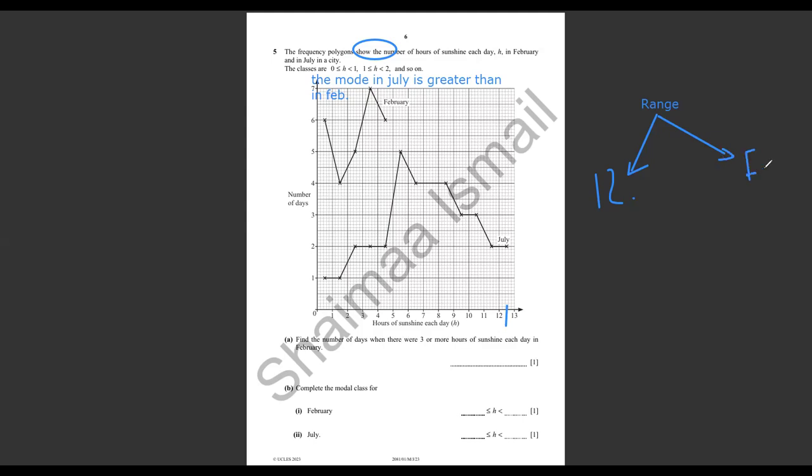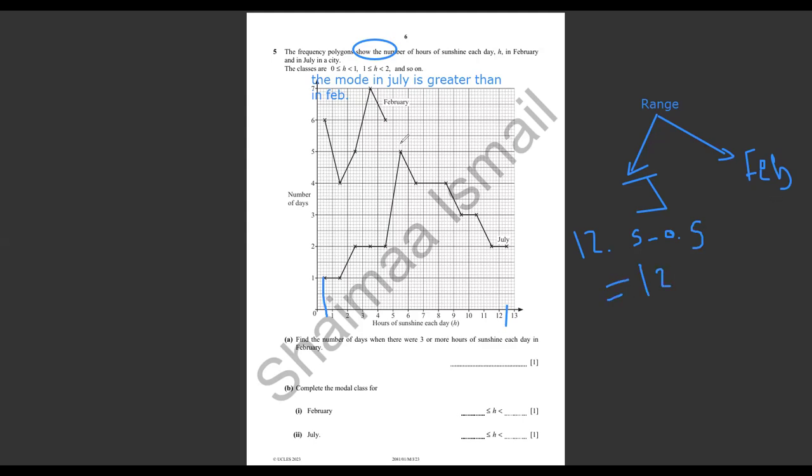This would be Feb, this would be July. Here it will be 12.5 minus the least, which is 0.5, which equals 12.